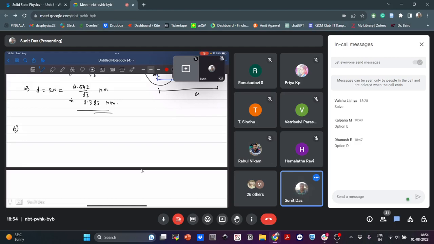Did you guys know about packing fraction? Anyone, please write in the chat box or tell me. Sir, packing fraction? It is not covered, right? Not covered, sir. I think atomic radius and Miller indices like that. Okay, thank you. I'll skip this.